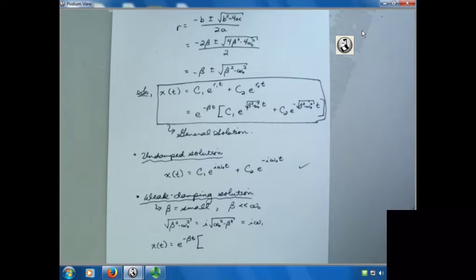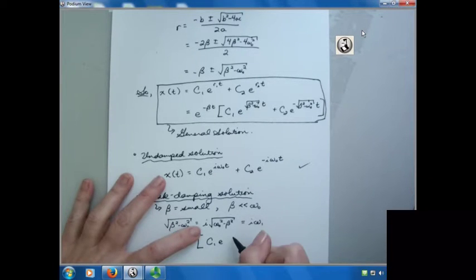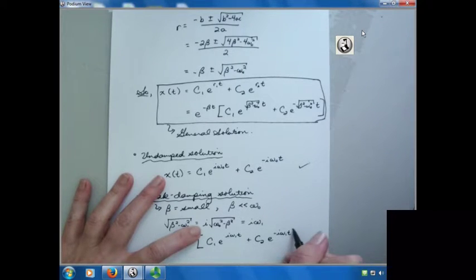Okay, that wasn't so hard. So, assuming I got it right, I had C1 e to the i omega 1 t plus C2 e to the minus i omega 1 t. You guys agree with that?